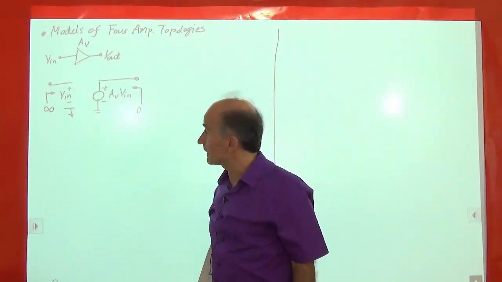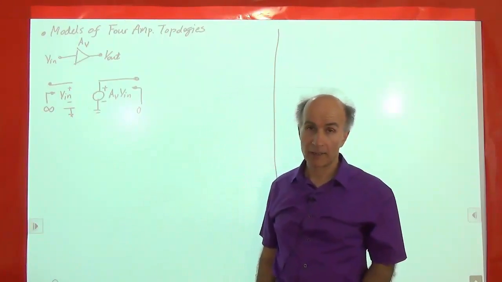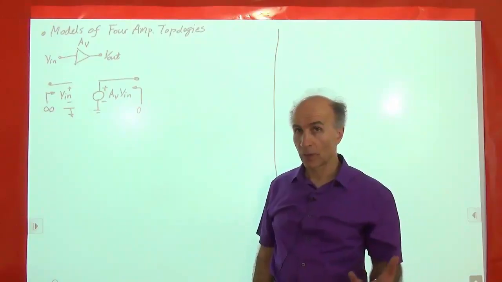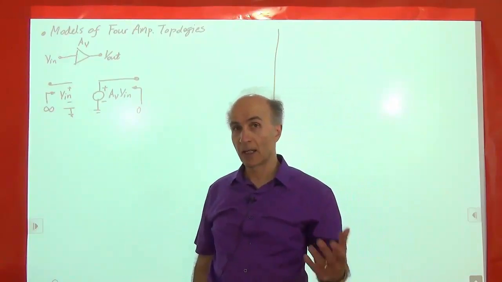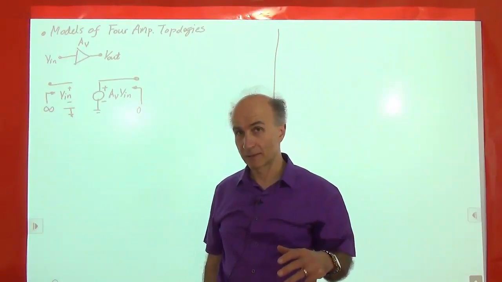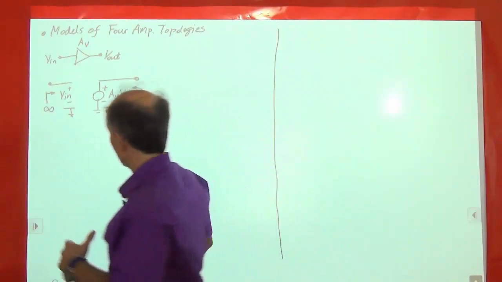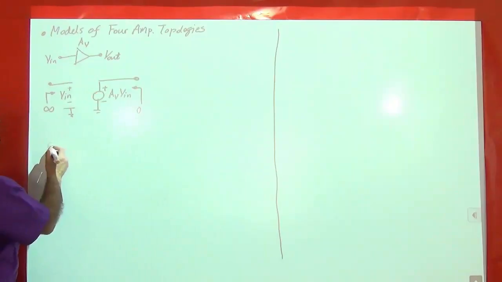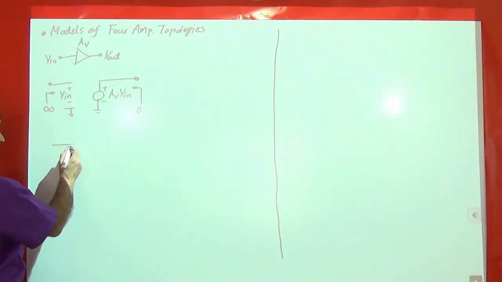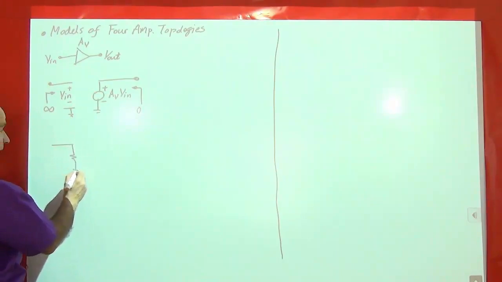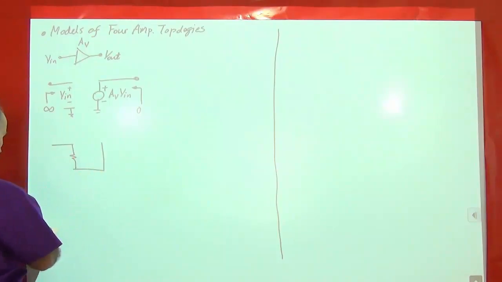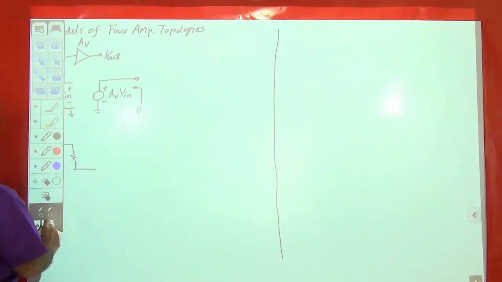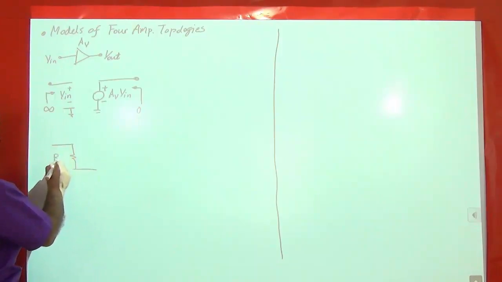All right. But let's say that you built an amplifier and it's not quite ideal. So what if the amplifier has an input resistance? How do I model that? So let's draw this again. This is for the ideal case. For the actual case, we need to have an input resistance. So we're going to draw it like this. And we call this one R in.